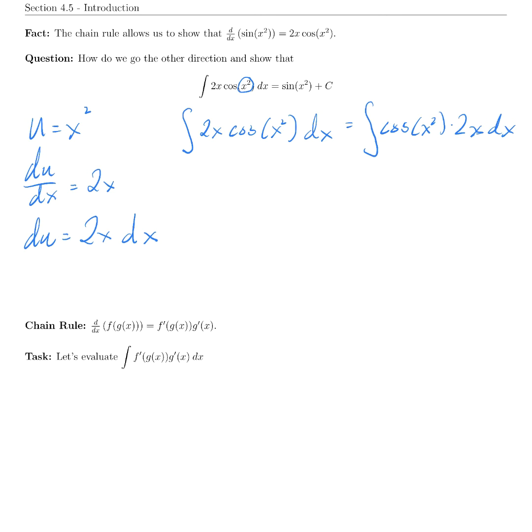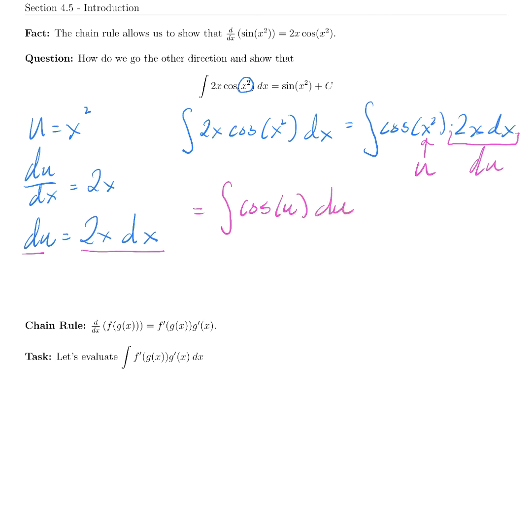And here's what I mean. This x squared, that is exactly what we called u. This 2x dx, well, I come back over here. 2x dx, another name for that is du. And now this rewrites as the antiderivative of cosine of u du.